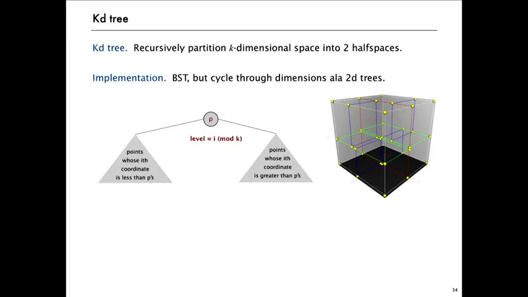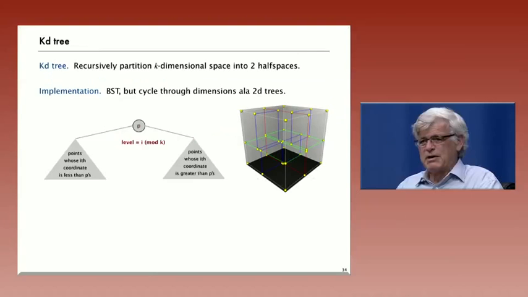At level i, we put on the left the points whose ith coordinates are less than p's, and on the right we put the points whose ith coordinates are greater than p's. And we cycle through the dimensions at level i mod k, we just use that dimension of the point to do the comparison. The implementation is simple, except for the comparison, and we get the same kind of partitioning for three-dimensional data.